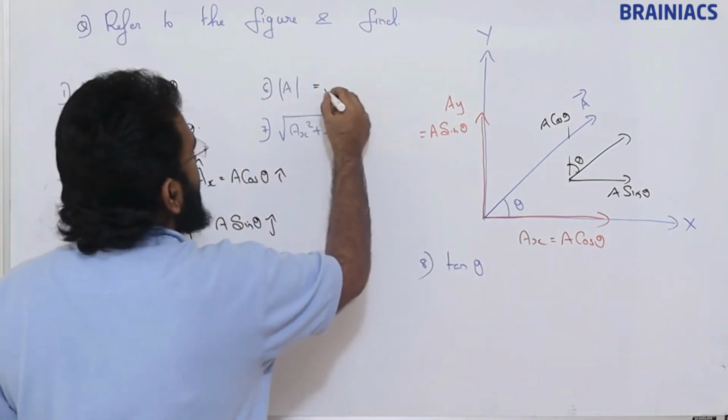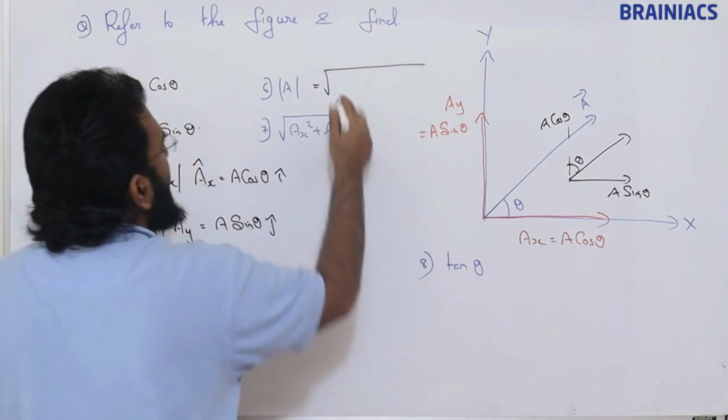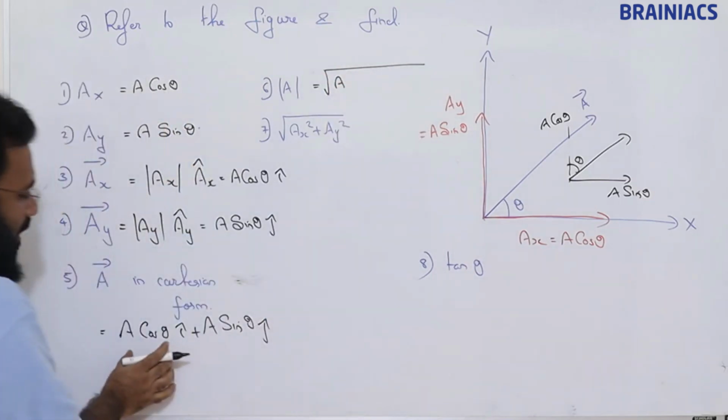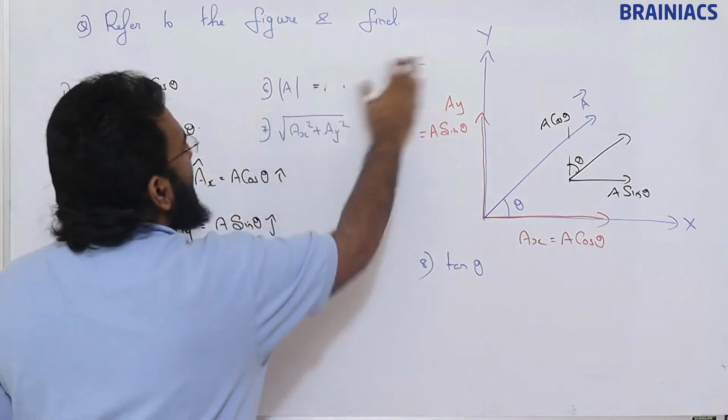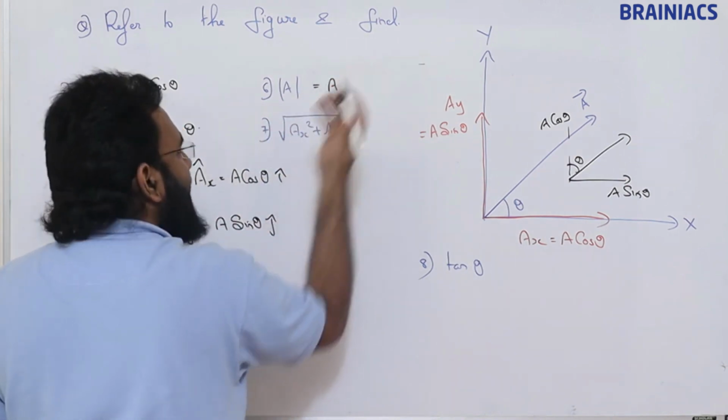What is the magnitude of vector a? Magnitude of vector a is nothing but root of each component's square. Simply, the magnitude of vector a is nothing but a.